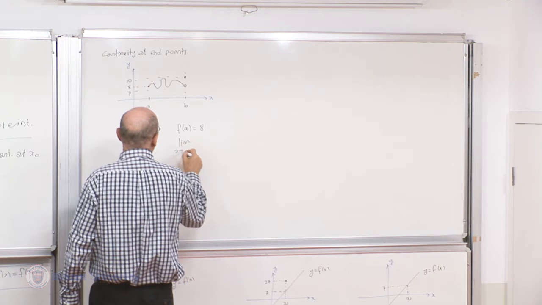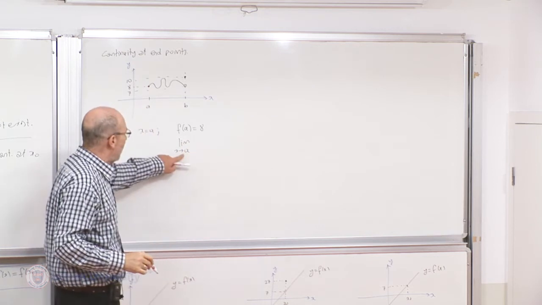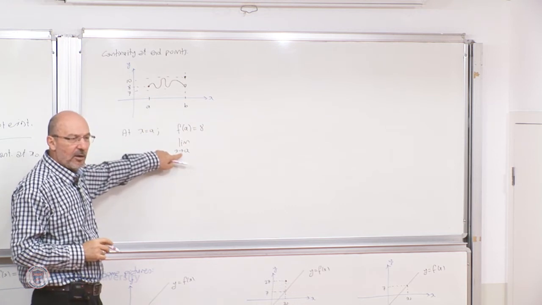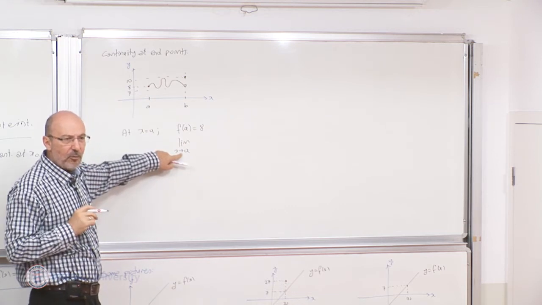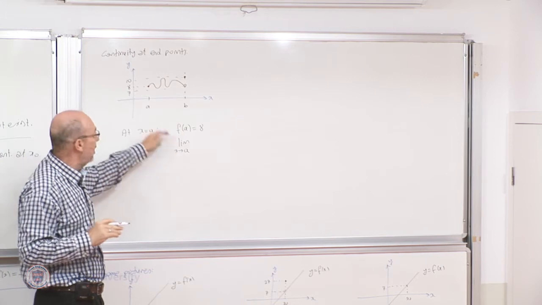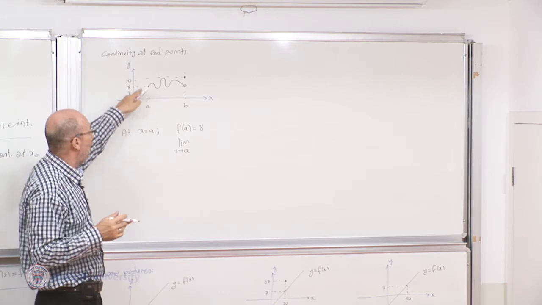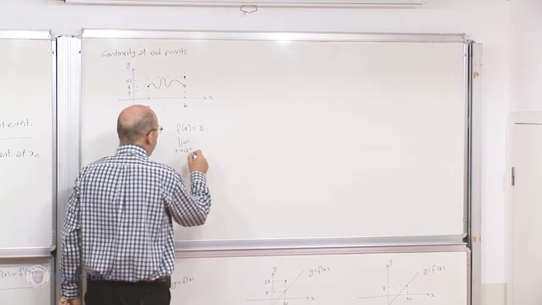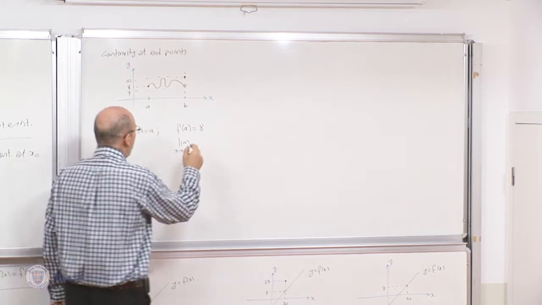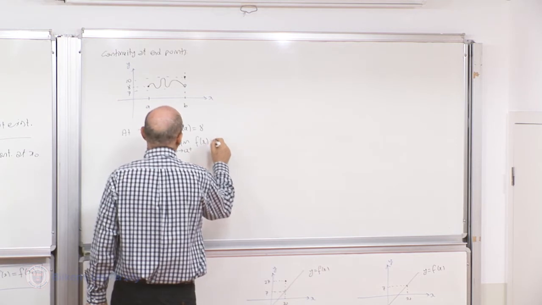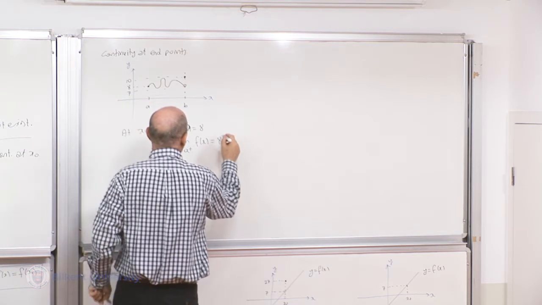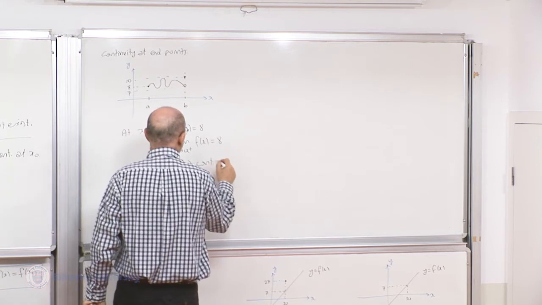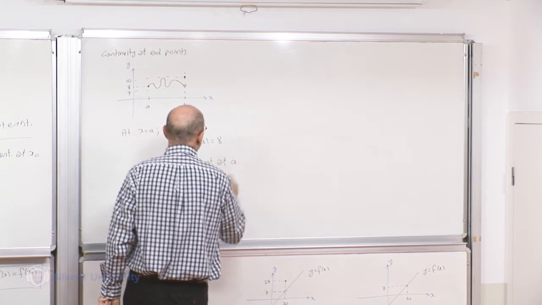Limit as x goes to a does not quite make sense, because when you talk about limit, it is inherent that you mean right and left limits. Here, the left limit does not exist because there are no values of f there. So here you are only interested in the right limit. This is the limit of f of x, and that's also equal to 8.